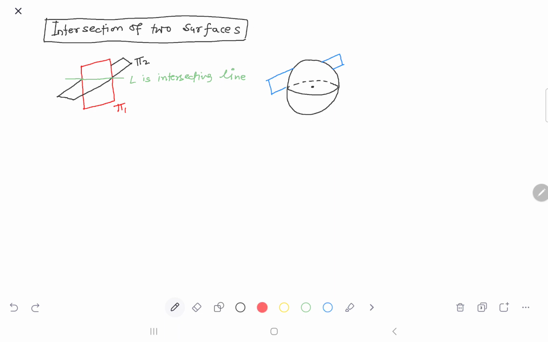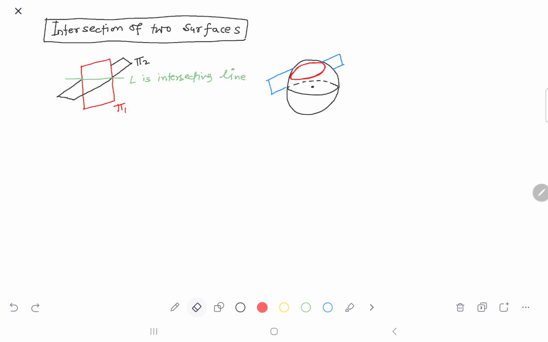The intersection part will be a circle, right? So when we took two planes, they intersect through a straight line. When we took one sphere and one plane and found the intersecting part, we got a circle.